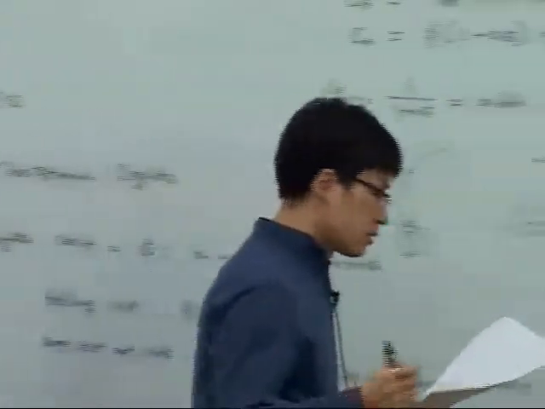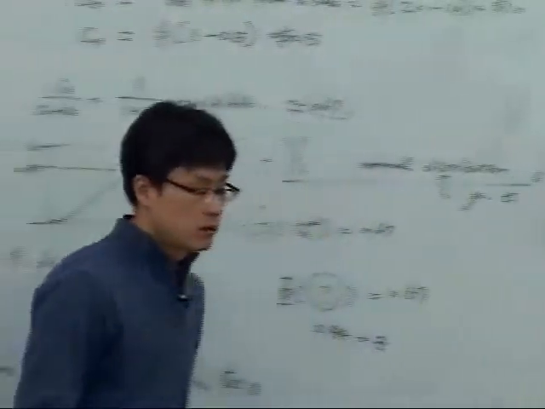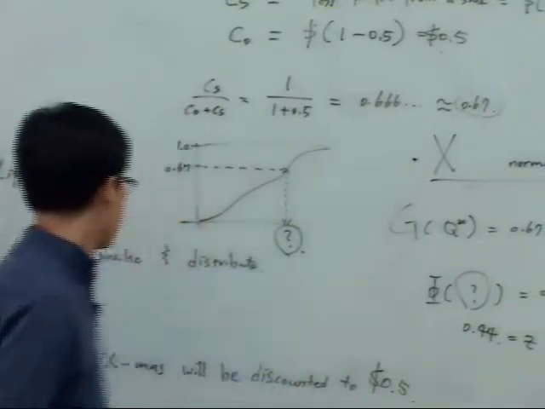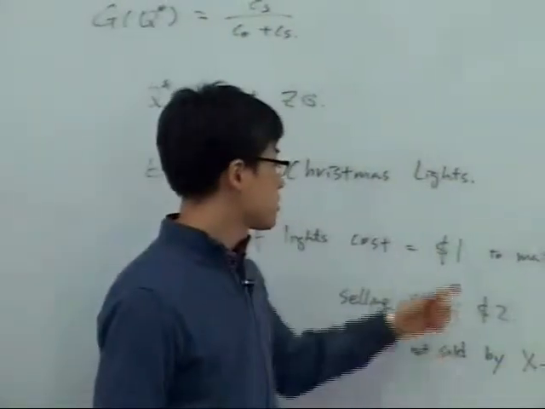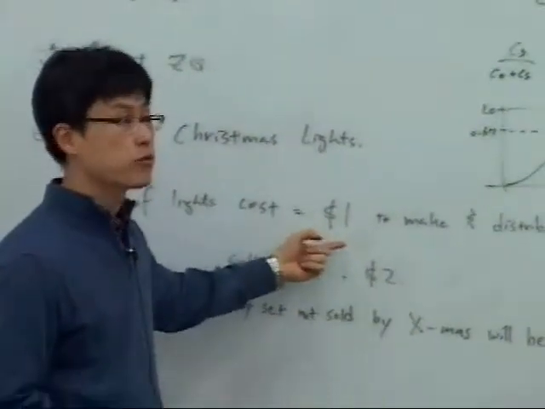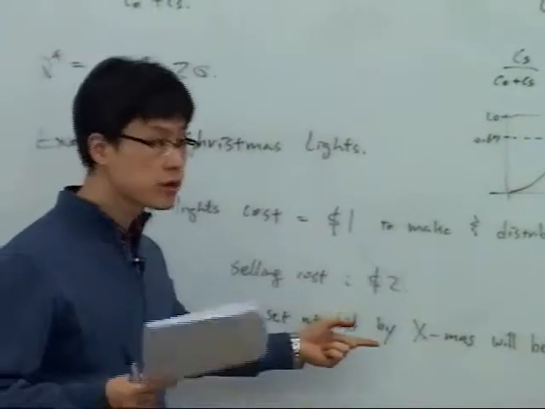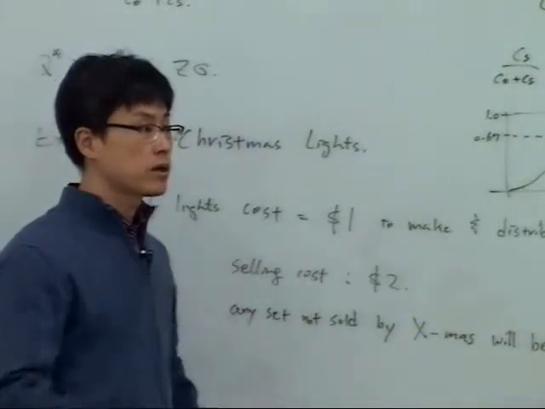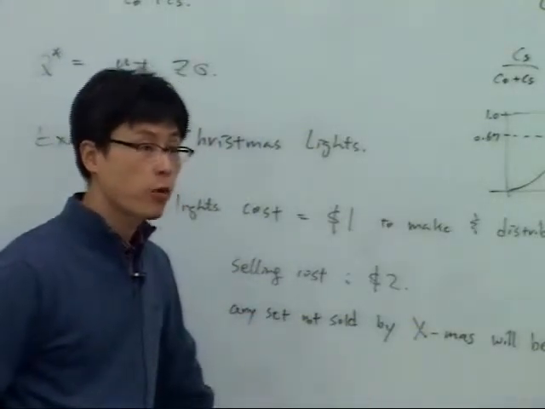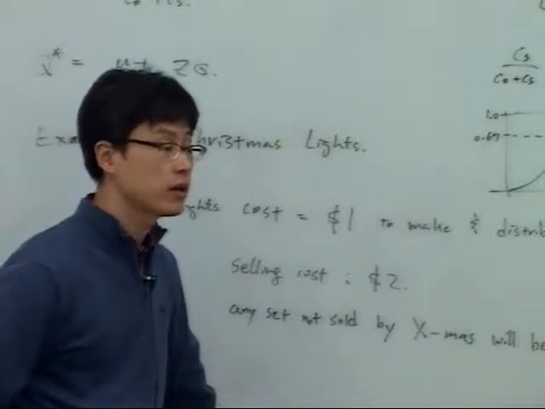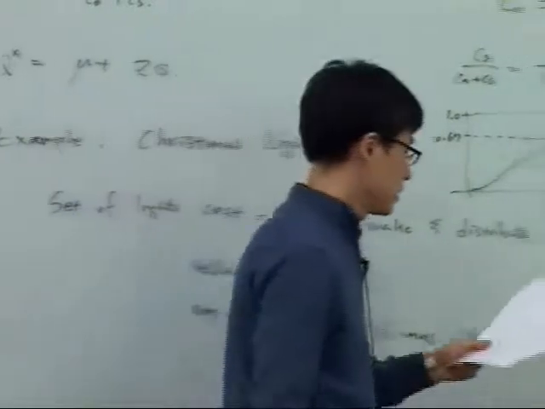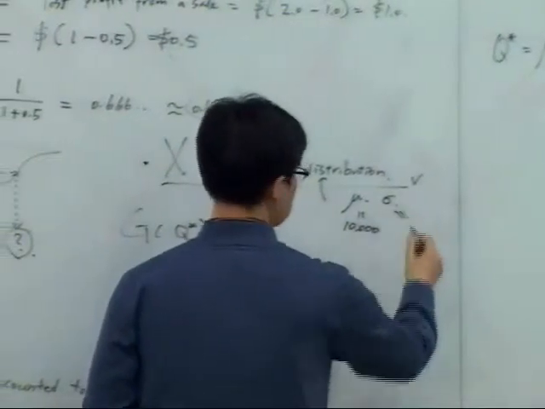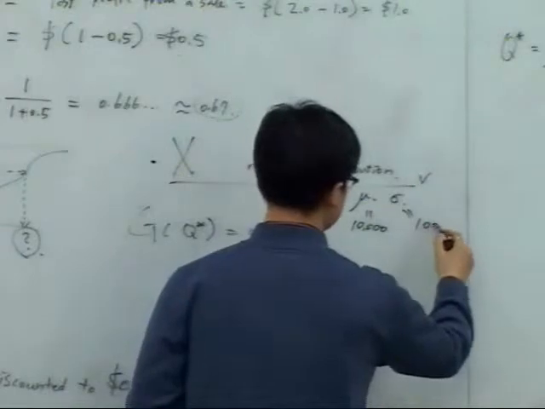Okay, let's say we are the Christmas tree light vendor, and our purchasing cost and distribution cost is $1, and we are selling at $2, but after the due date, it's gonna be $0.50, and our random demand is forecasted to follow a normal distribution with a mean value of 10,000 units and standard deviation of 1,000.